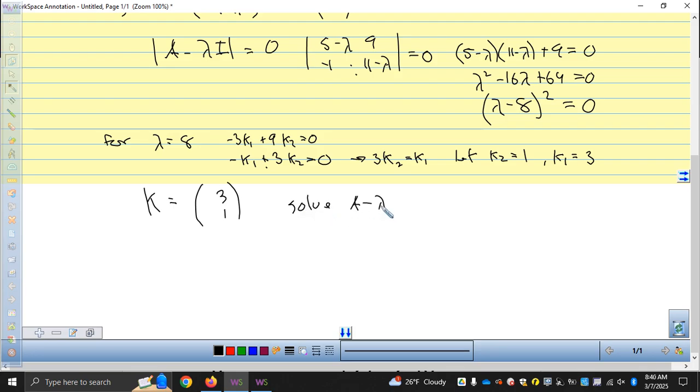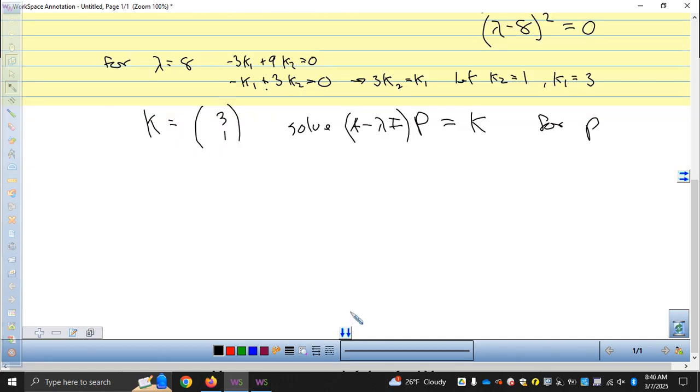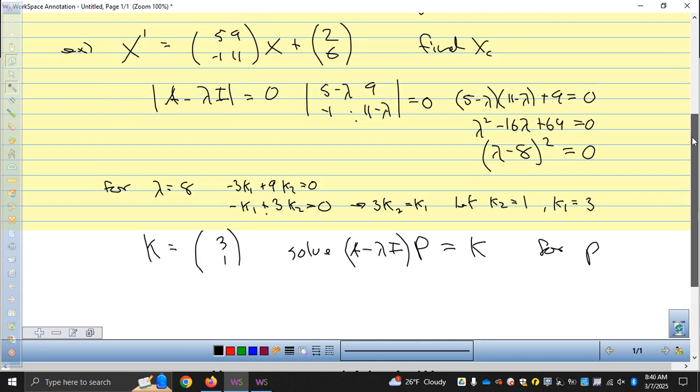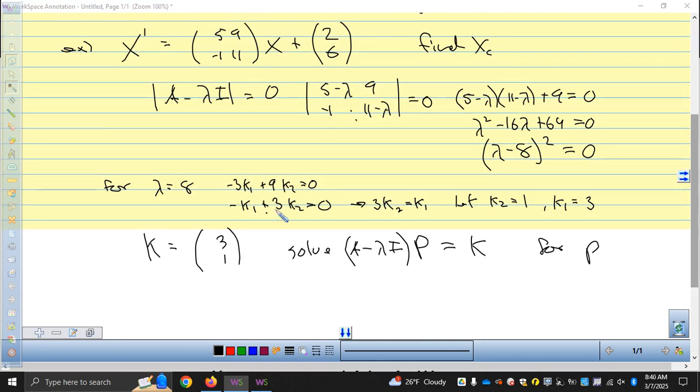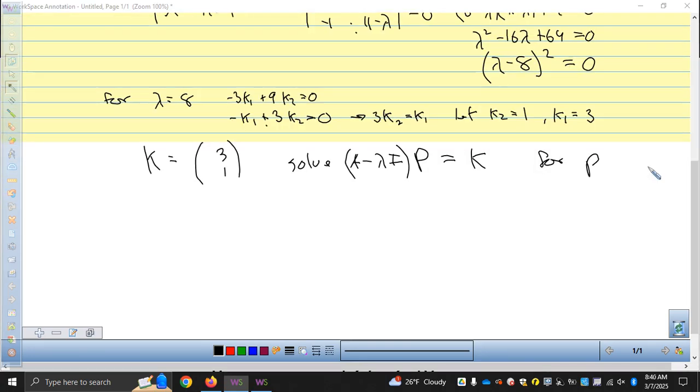Now we need to solve A minus lambda I times p equals k for p. Found k here. So when we substitute in here, we get our same system. These k's become p's, and the zeros become 3, 1.